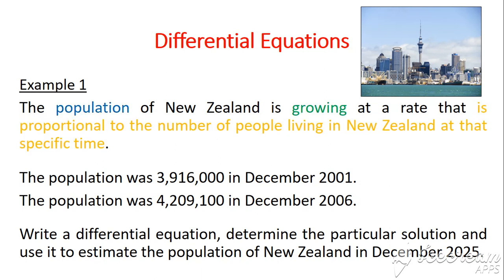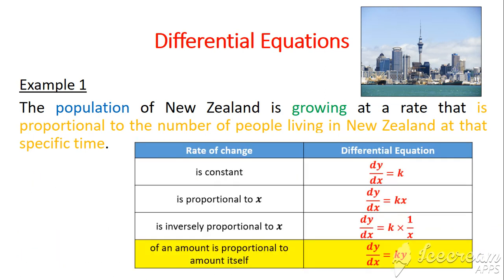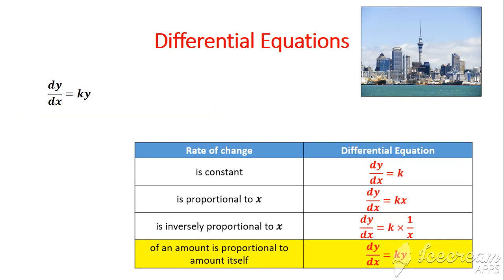Right, because we were told that the population is growing at a rate that is proportional to the number of people living in New Zealand at that specific time, when we look at our four types, we're talking about the last example, where dy over dx is equal to ky. But we're going to write dp over dt is equal to kp.